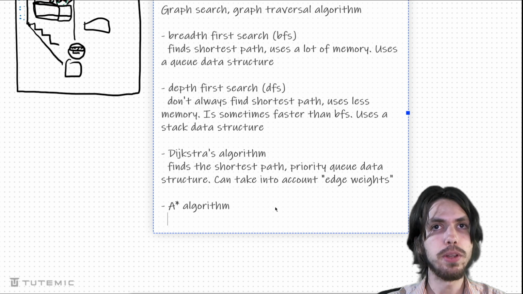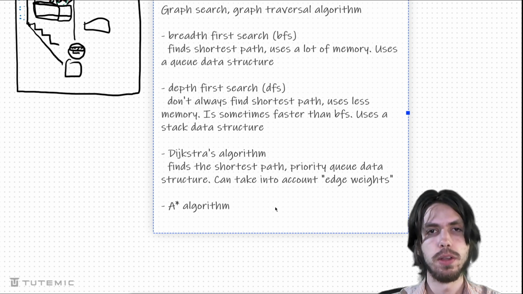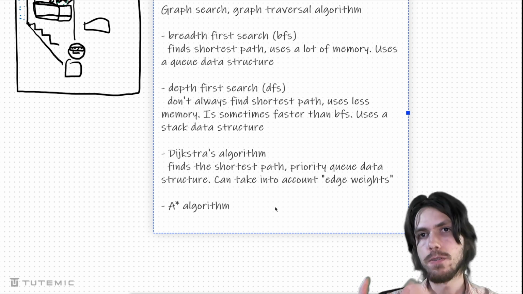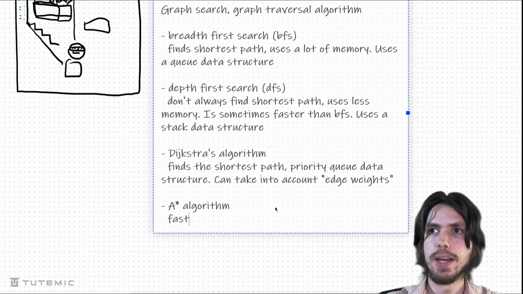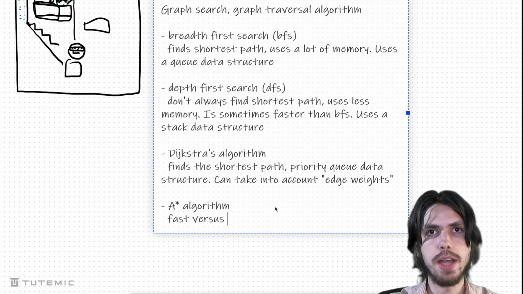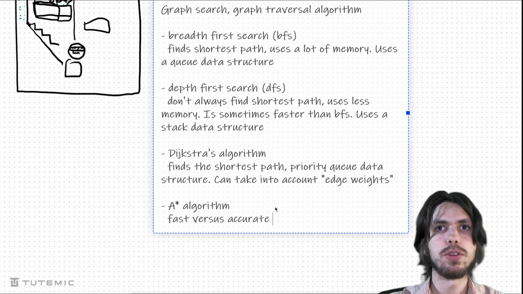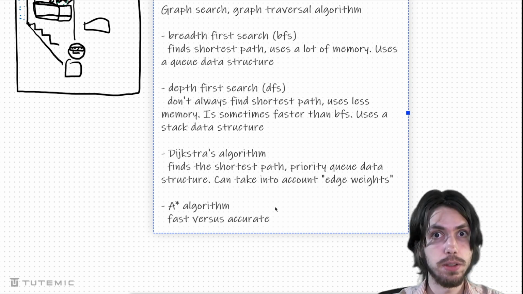But here's the big thing about A star, is that it's variable. How accurate or how fast? Fast versus accurate. So Dijkstra's algorithm is accurate, right?